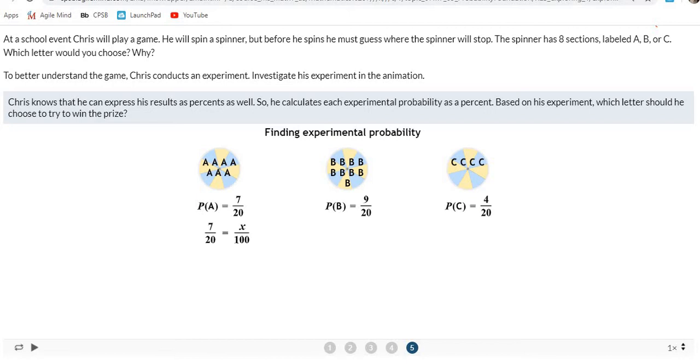The 7th grade way, and it's kind of easier to do in our head, is thinking of a proportion like this. 20 times what is going to give me 100? 5. So I then do 7 times the 5. What is 7 times 5? 35. So what percent is A going to be landed on? 35% of the time A will be landed on.